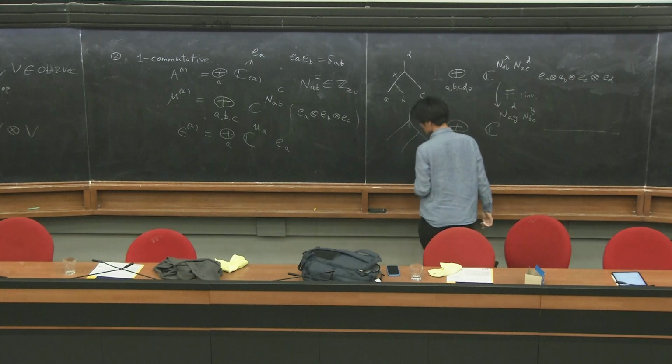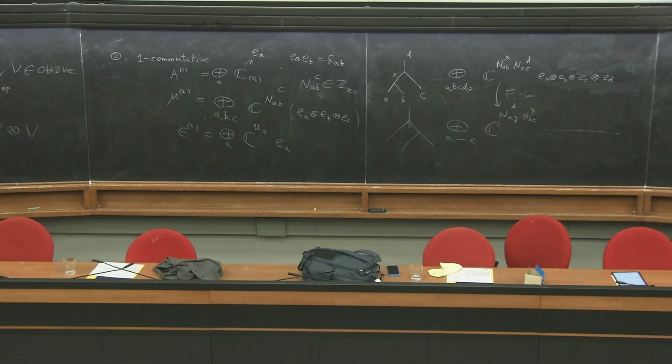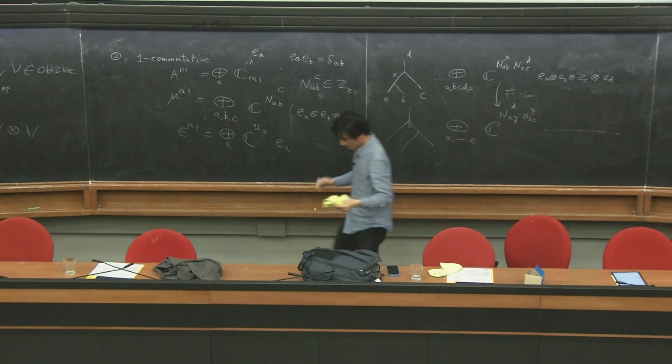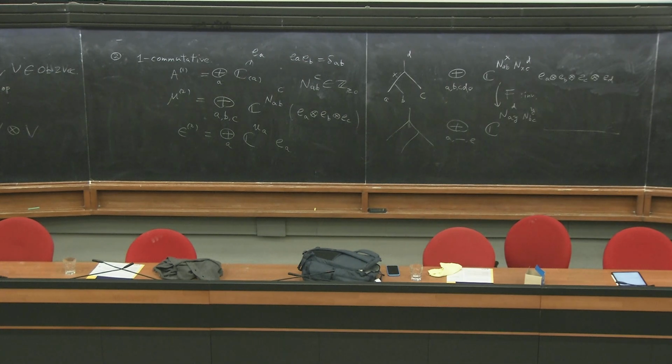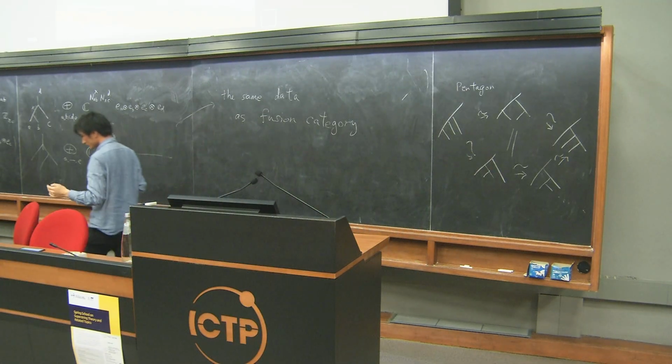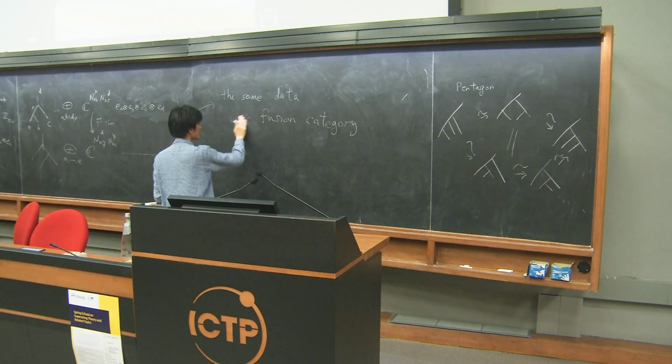Now, what is this structure? If you are new to the field, that is what it is, but if you have some experience, you should have noticed that this is actually the same data as a fusion category, a multi-fusion category.